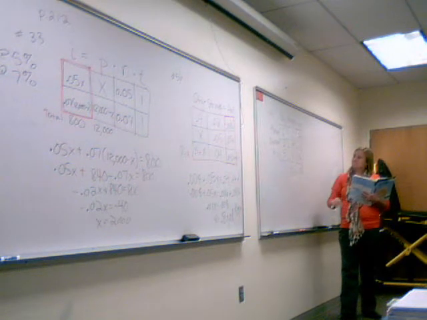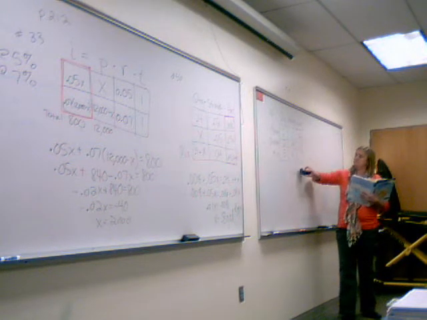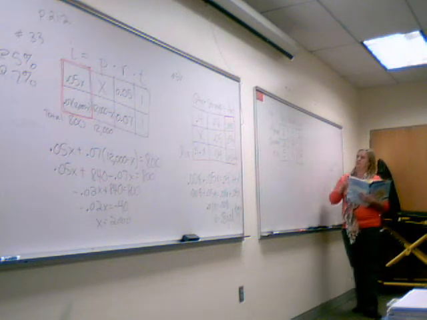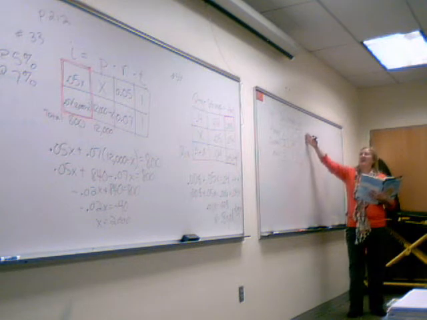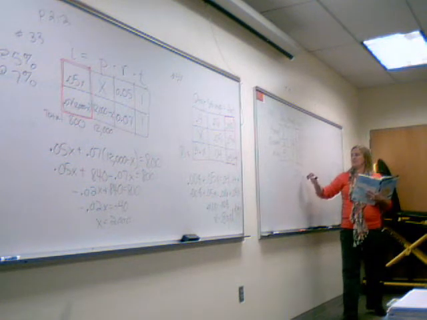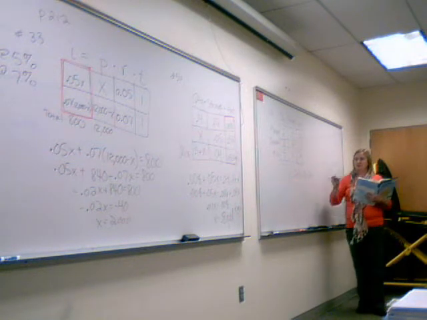Okay, do this then. Now the total: 0.24 plus 0.12 equals 5x. Is that better? Yeah, it's way better.